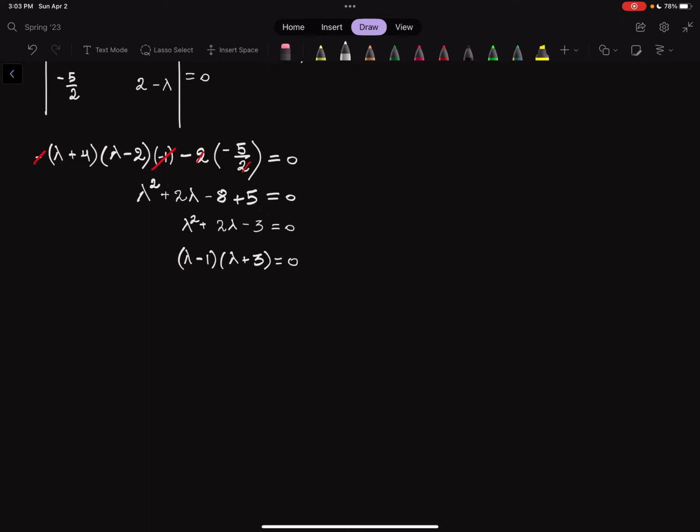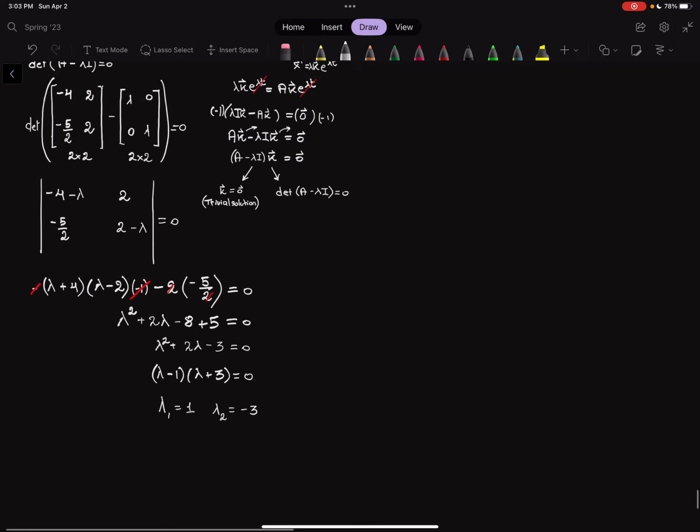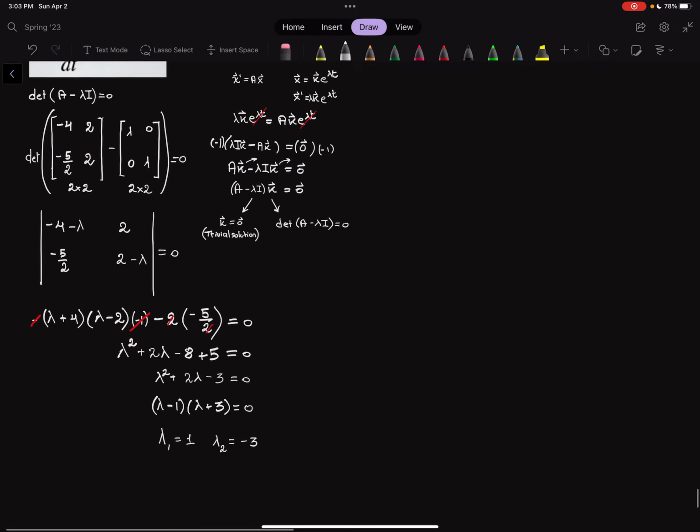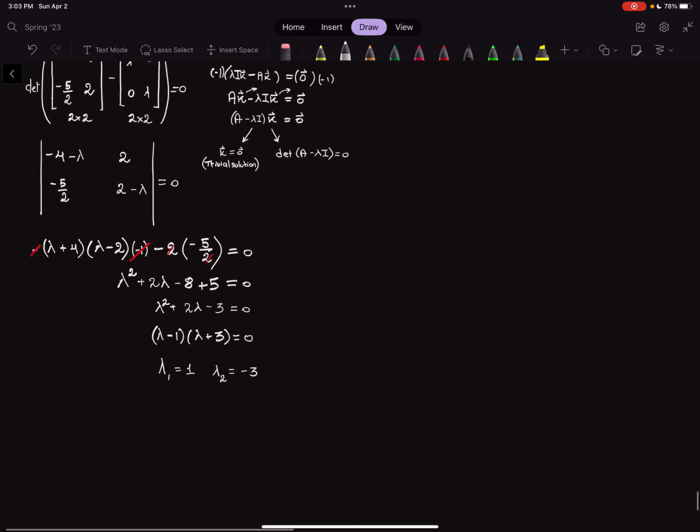If, on the other hand, I add them together, I get a +2. Good. So now we have that our two eigenvalues are 1 and -3. Now what we want to do is we want to find the eigenvectors.